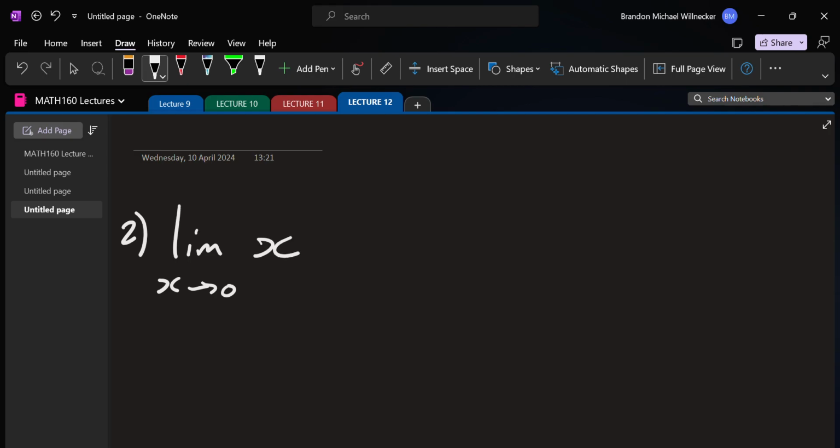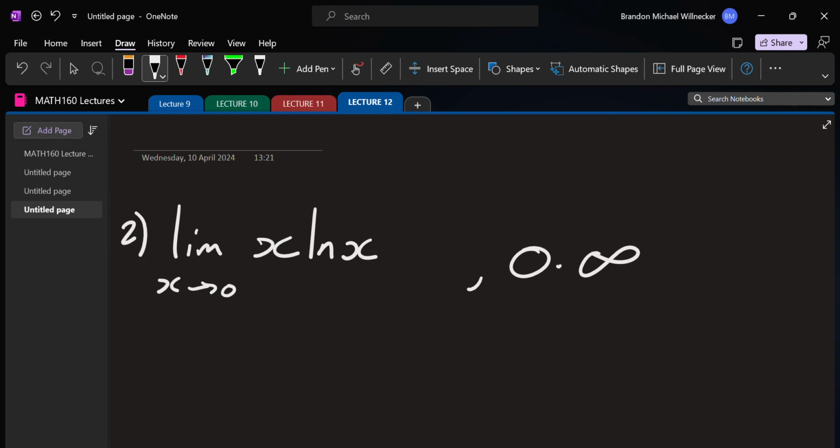So here we have the limit as x goes to 0 of x ln x. First step, you substitute and see what happens. For the first bit of the product, when x goes to 0 of x, that's just going to be 0. The natural log of x when x goes to 0, that's going to be minus infinity.